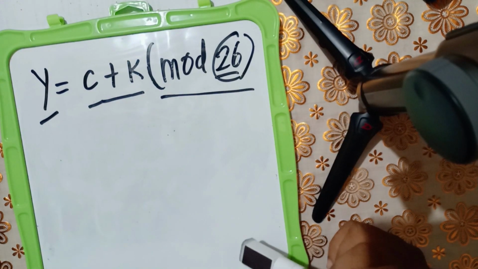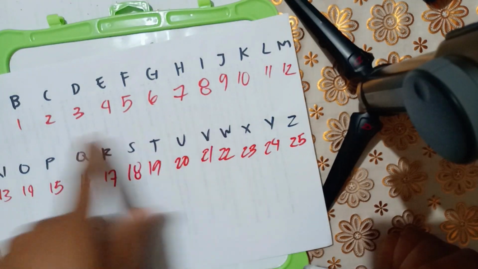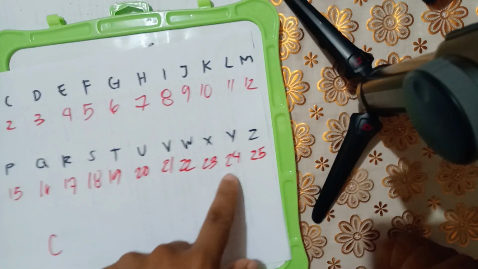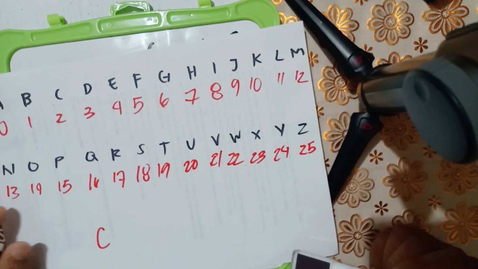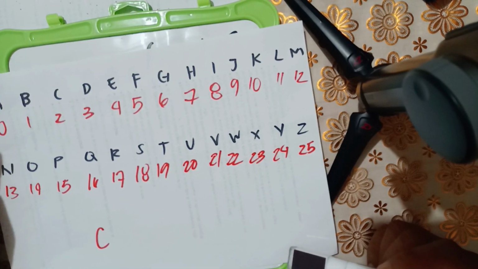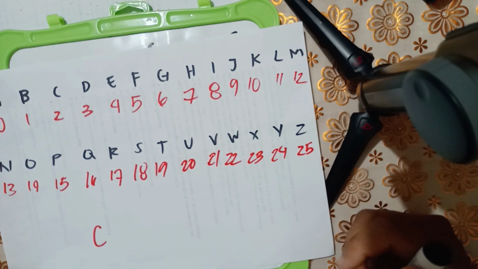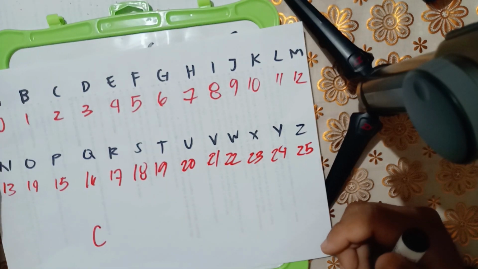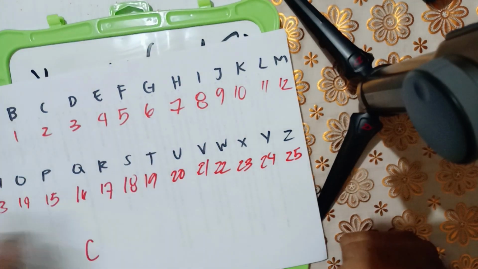But notice the red numbers in our chart: we start at 0, so it goes from 0 to 25, that's why it's only up to 25. So the fixed number of A is 0 and B is 1, and so on.